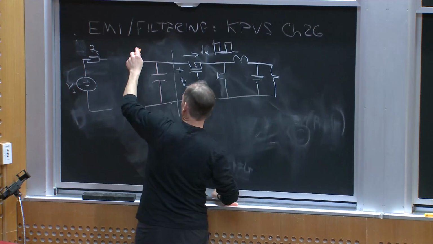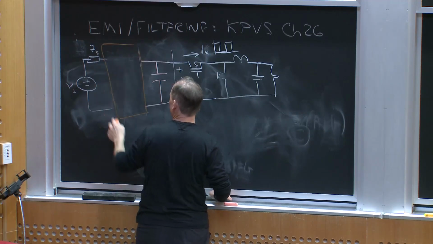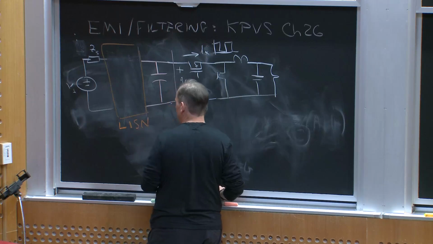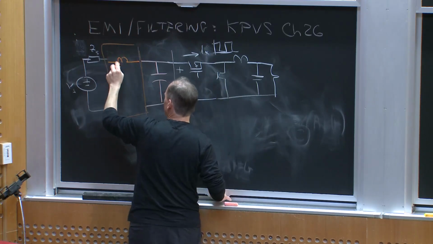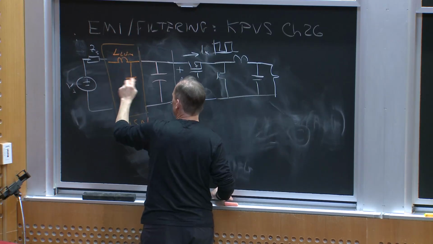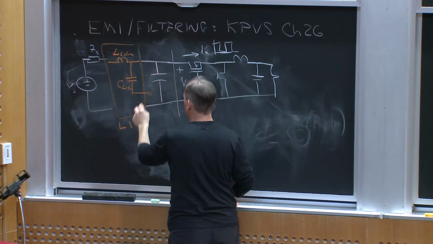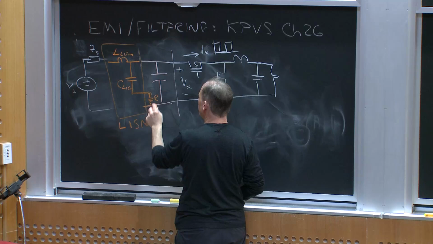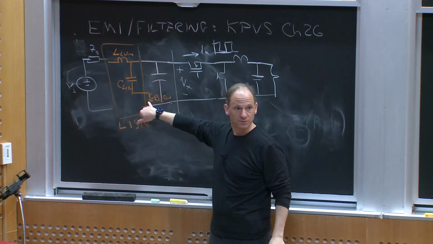I'll have some box that is part of my test setup called a LISN, Line Impedance Stabilization Network. It will at minimum have some L LISN and C LISN. And then I will connect this up to some impedance analyzer that is usually 50 ohms.